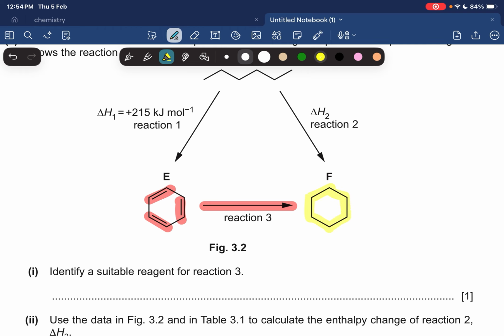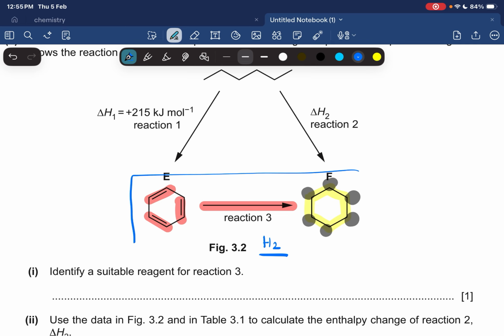So what are you doing? You're just breaking the double bonds, and for that you're not adding any chlorine or any other thing. Otherwise you would see some chlorine or water or some kind of thing over here, but you cannot see it. That means you're just adding hydrogen to it. So you're doing hydrogenation of your alkenes.